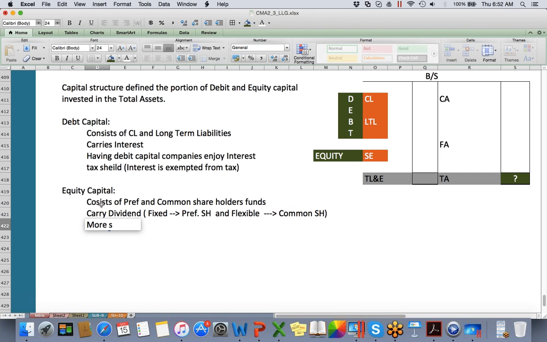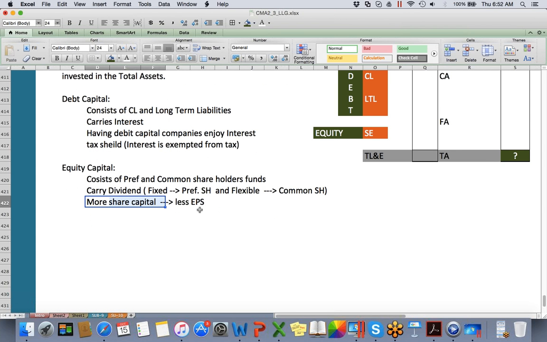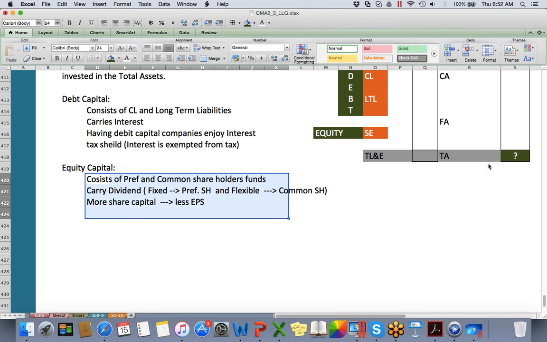More share capital leads to less EPS, earnings per share. So if you have more debt, you will have more interest burden and more covenants. If you have more share capital, EPS will be less, so shareholders are not happy. So you need to have an optimum capital structure which will compensate the pluses and minuses of these issues.